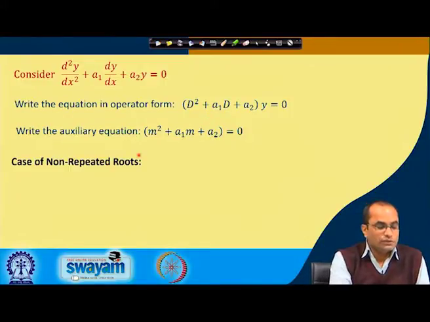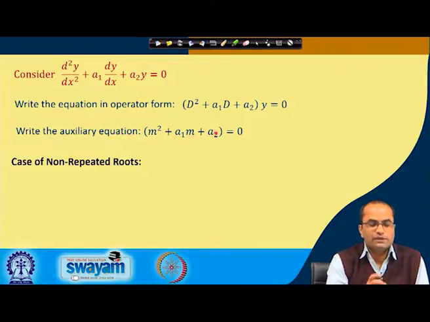First we will consider the case of non repeated roots of this auxiliary equation. How do we get this auxiliary equation? It comes just from the operator equation. Instead of working with D, which is an operator, it is better to replace D by m, and work with the polynomial equation m square plus a1 m plus a2 is equal to 0.